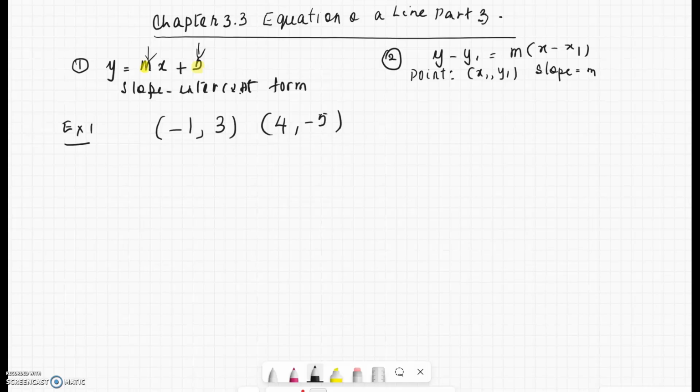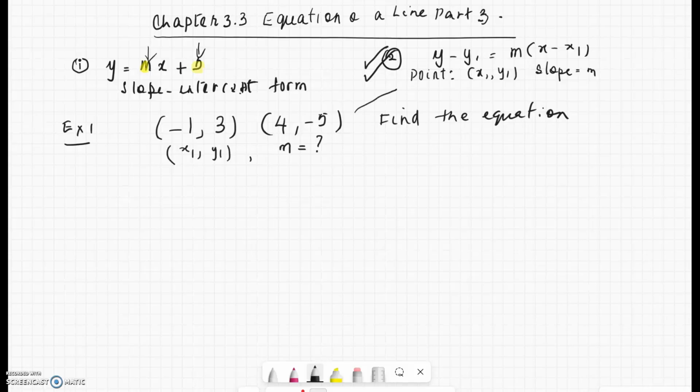If you're given 2 points on the straight line, and suppose we need to find the equation of the line, we could use the point slope form. So for the point slope form, we need any one point, and it really doesn't matter which one. Let's say we call this x1, y1, and if we can find the slope, then we are done.